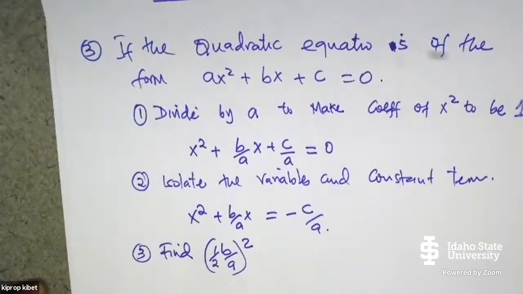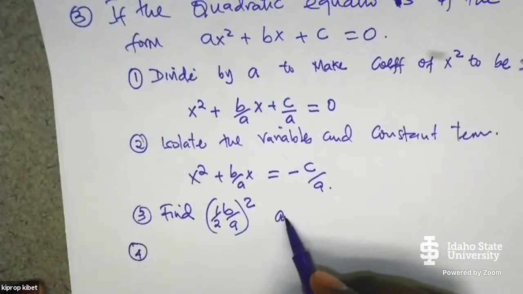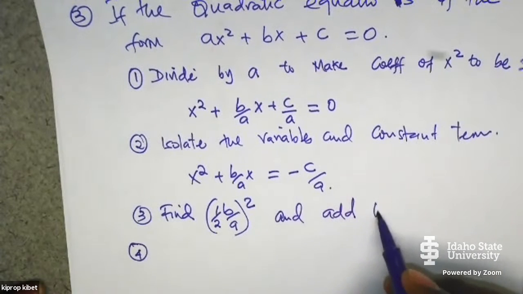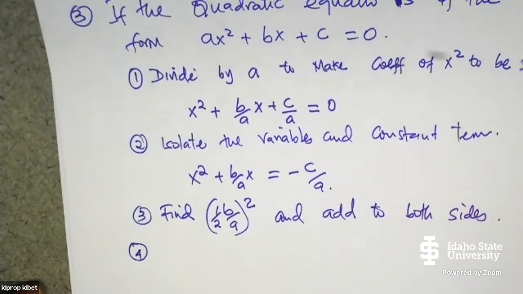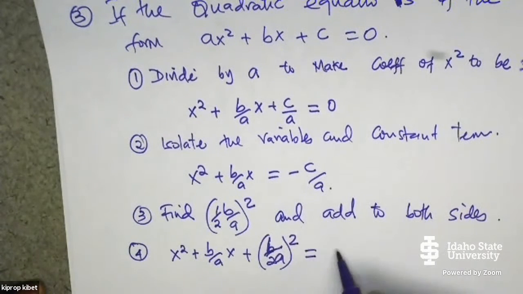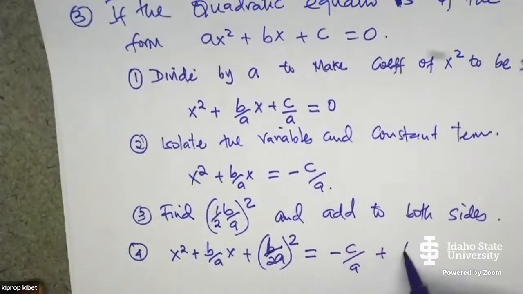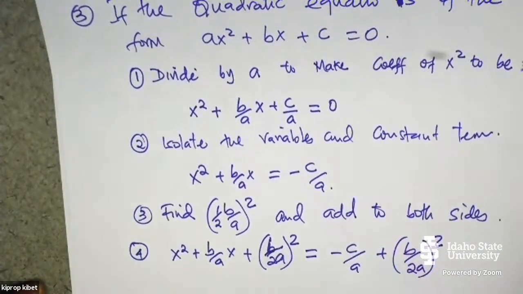Then number 4, and then you add it to both sides, which is giving us x squared plus b all over a x plus b all over 2a squared equals to minus c all over a plus b all over 2a squared.